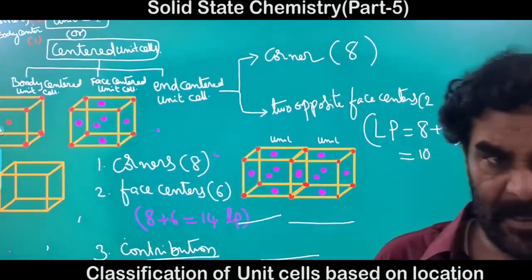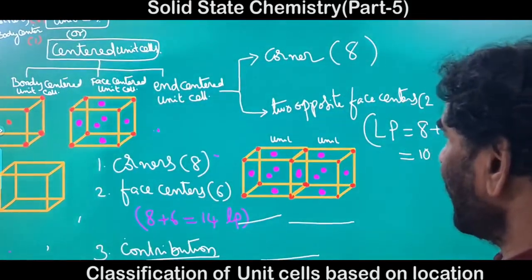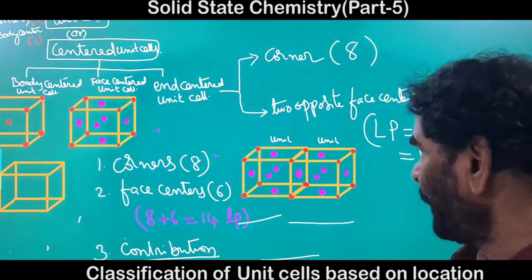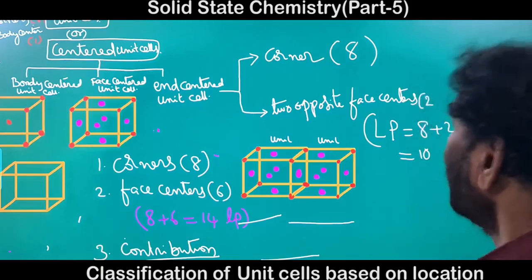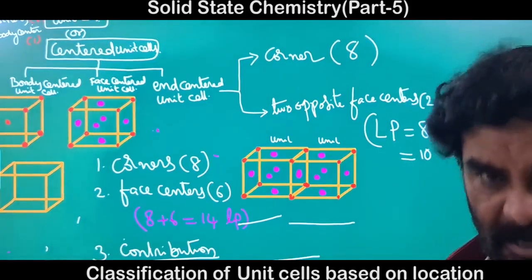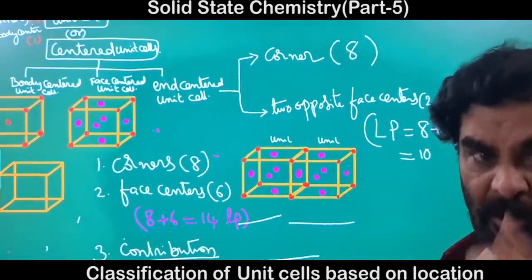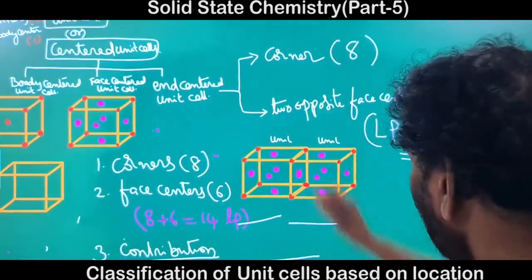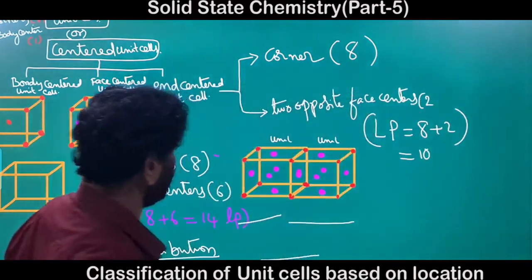The body centered has 9 lattice points. And the end centered, that is the corners plus 2 opposite face centers, has 10 lattice points.